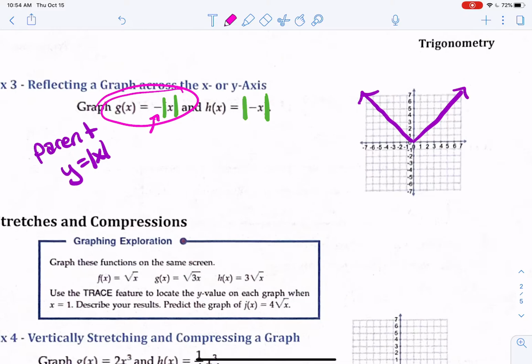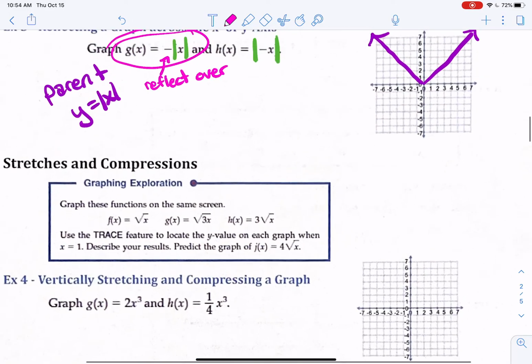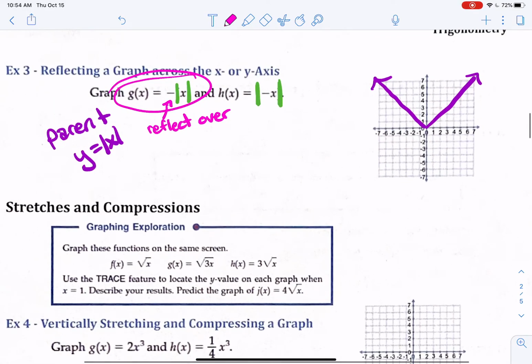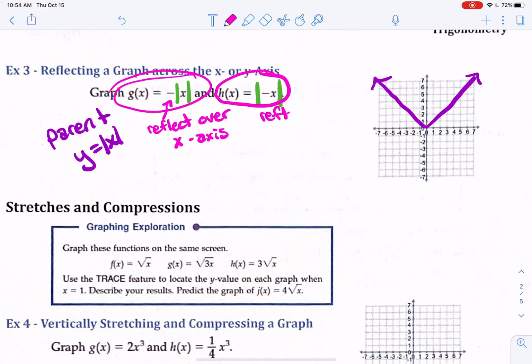So when it's on the outside, this is a reflection over the, if you need to use your chart, you can scroll down or look at your paper next to you. It's a reflection over the x-axis. And then when the negative's on the inside, this is a reflection, well, I cannot spell, reflect over the y-axis.